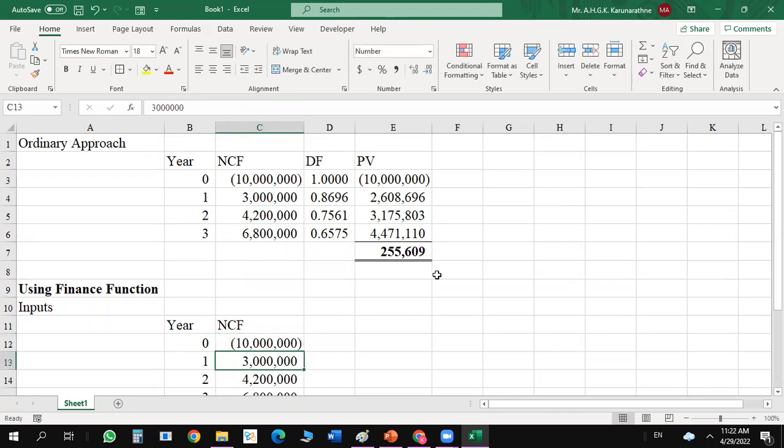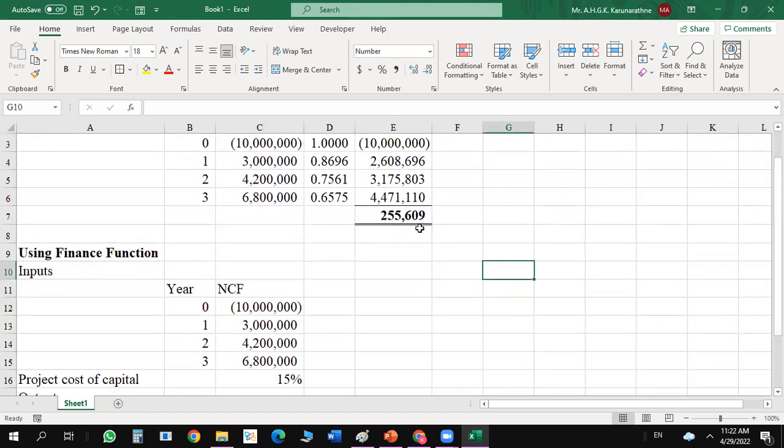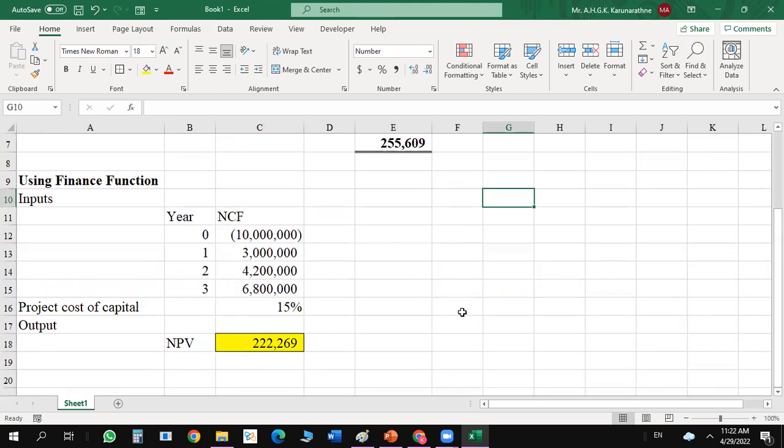So you can see there's a positive 255,000 NPV according to our formula approach, same scenario, same input. According to the inbuilt NPV formula approach, it is 222,000. There's a big difference. Right? That's the reason. We made a mistake.